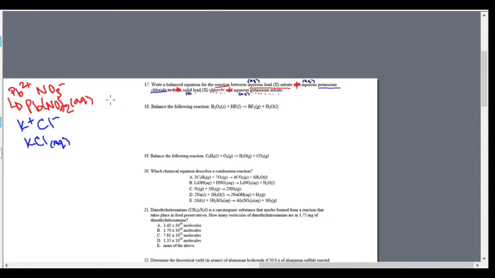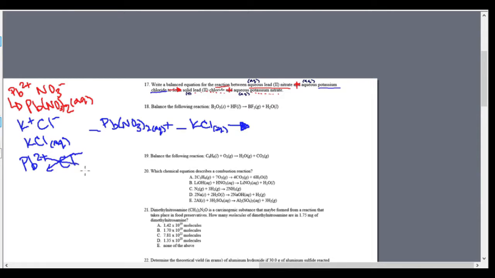So far we have Pb(NO3)2 aq plus KCl aq, and remember those react to form, so arrow. And then we have lead 2 chloride, so we have Pb2 plus, Cl minus.